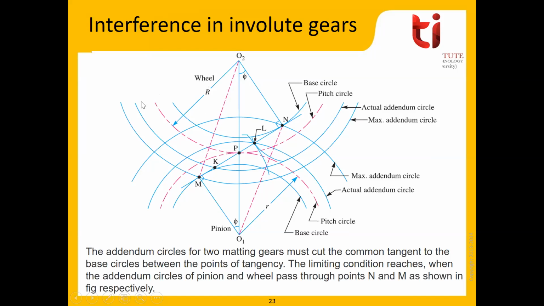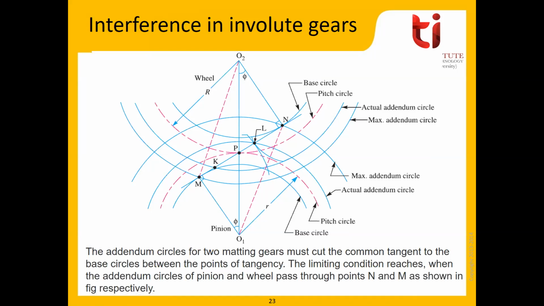This is the base circle of gear 1, and this is the base circle of gear 2. Now we will draw a common tangent to both of the base circles. This is MN, also known as the common normal at the point of contact, and this point P is known as the pitch point. This is the pitch circle of gear 2, and this is the pitch circle of gear 1, and this is the center line. O1O2 is the center line for both of the gears.